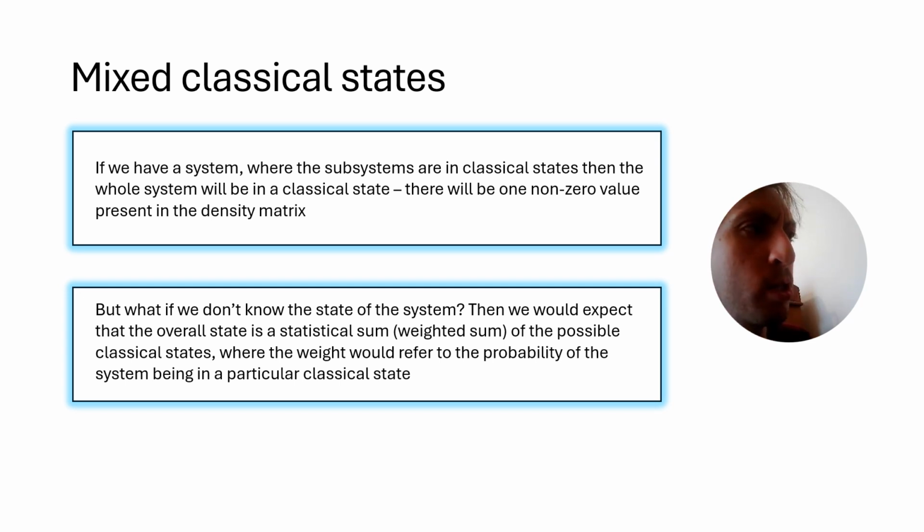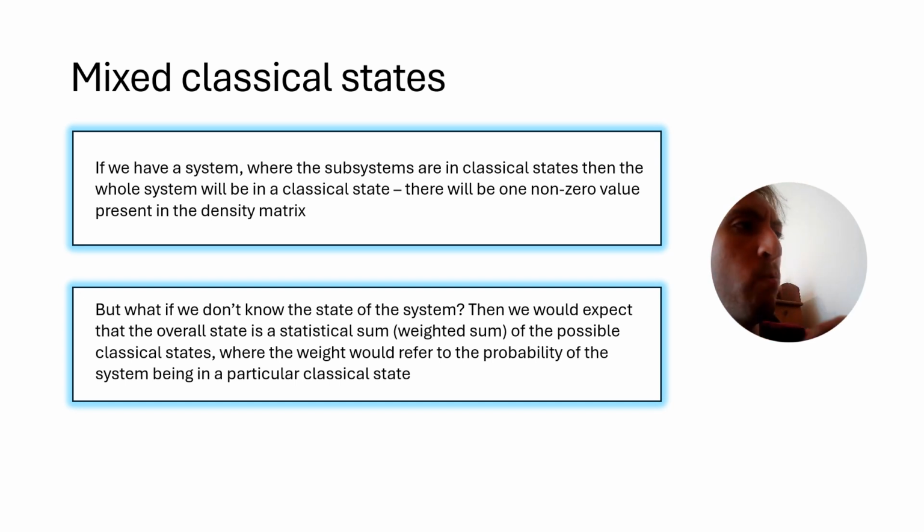If you've done statistics, you'll be fairly familiar with that. If a particular state is more likely, then it will have a higher effect on our average than very unlikely states for our object to be in.